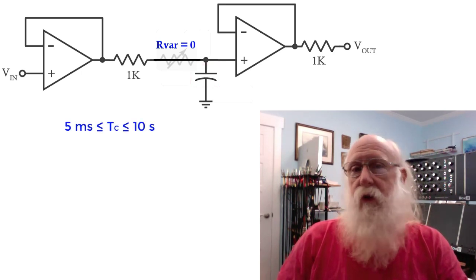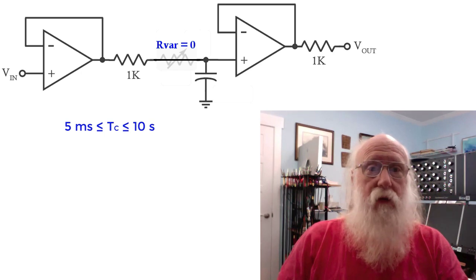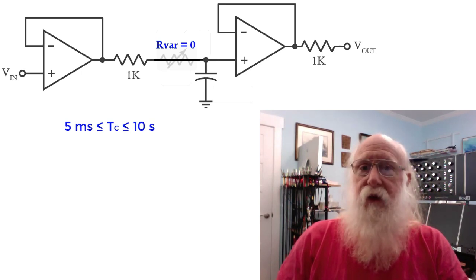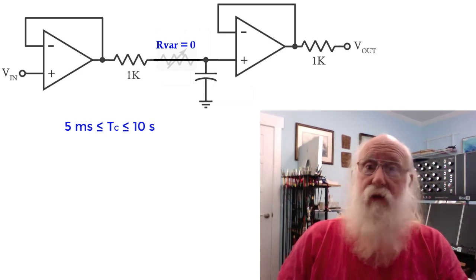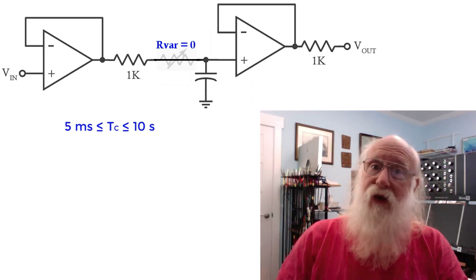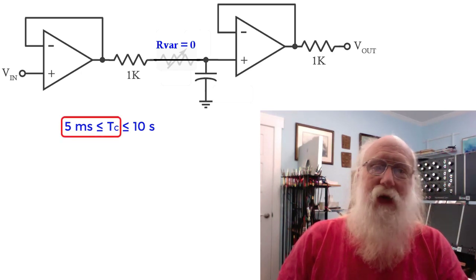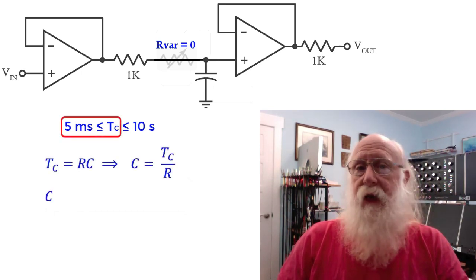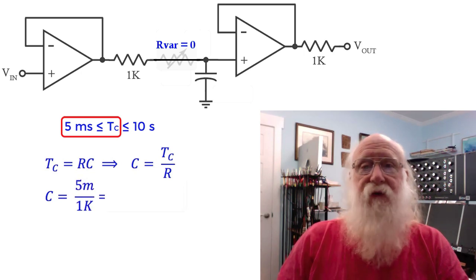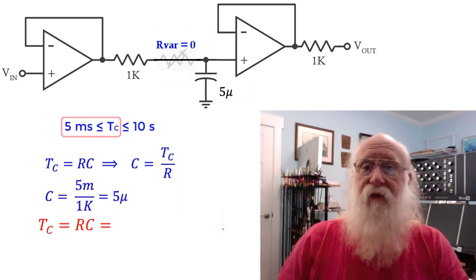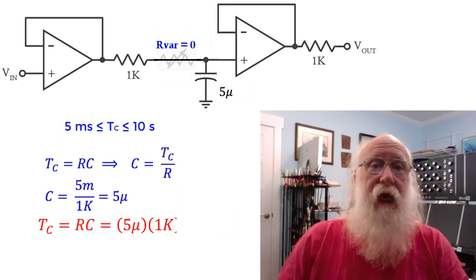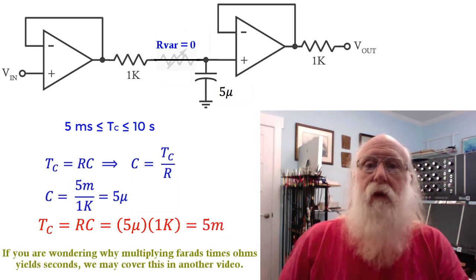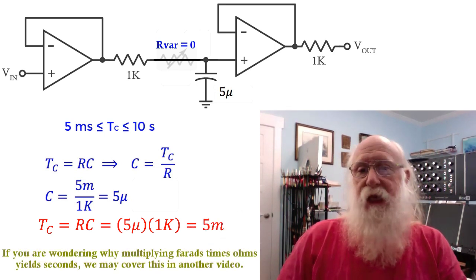So with the variable resistor set to zero, we've got 1K there, and that's the fastest, so that would be your 5 millisecond time constant. This implies that the capacitor should be 5 microfarads. 5 micro times 1K is 5 milli. So there's your 5 milliseconds.